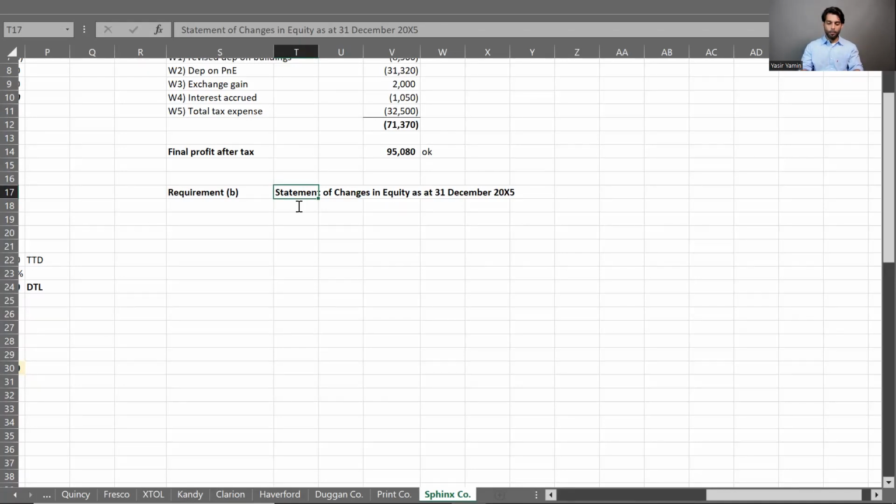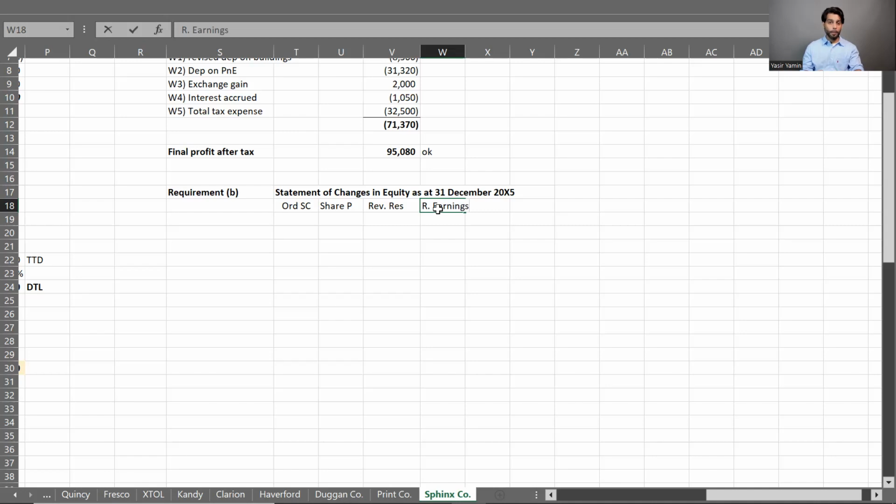You need to prepare a column for ordinary share capital. We need to prepare a column for share premium. Then we need to prepare a column for revaluation reserve in this question as well. Then a column for retained earnings. These are the columns at least that I remember.